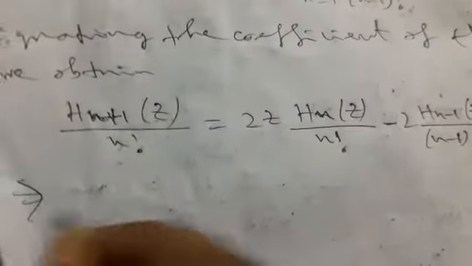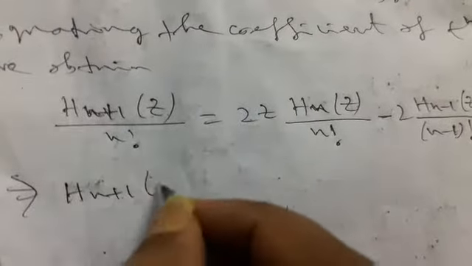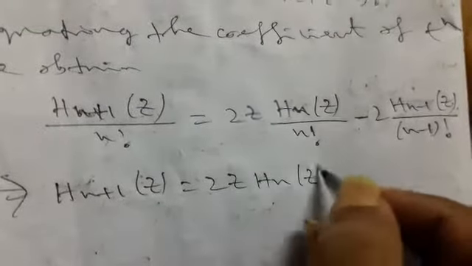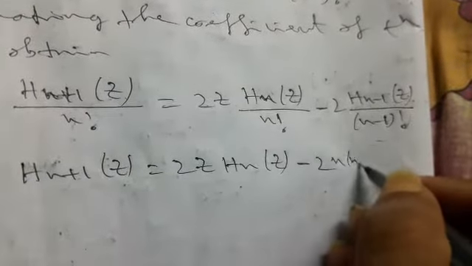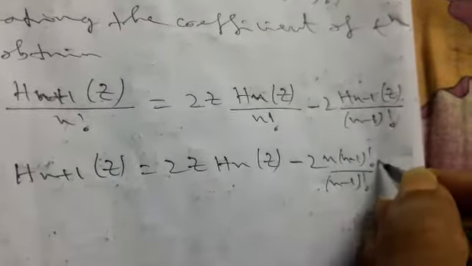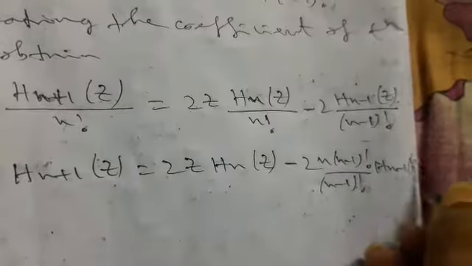Therefore, if we multiply all the terms by n factorial, it will be Hn plus 1(z) equals 2z into Hn(z) minus 2 into n factorial by n minus 1 factorial, that is n into n minus 1 factorial by n minus 1 factorial, Hn minus 1(z).